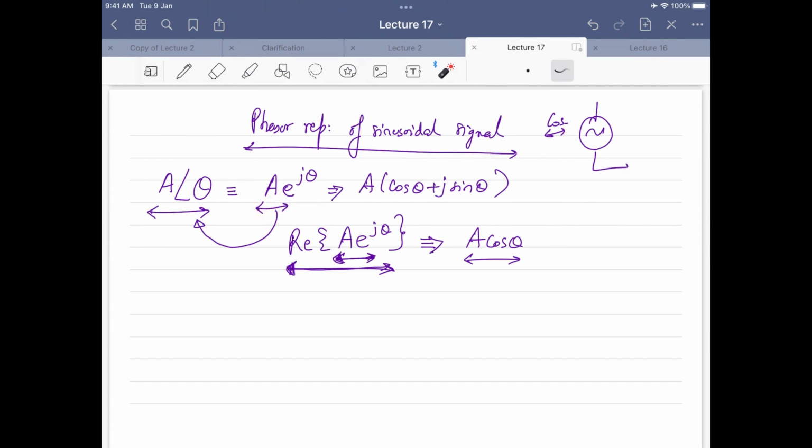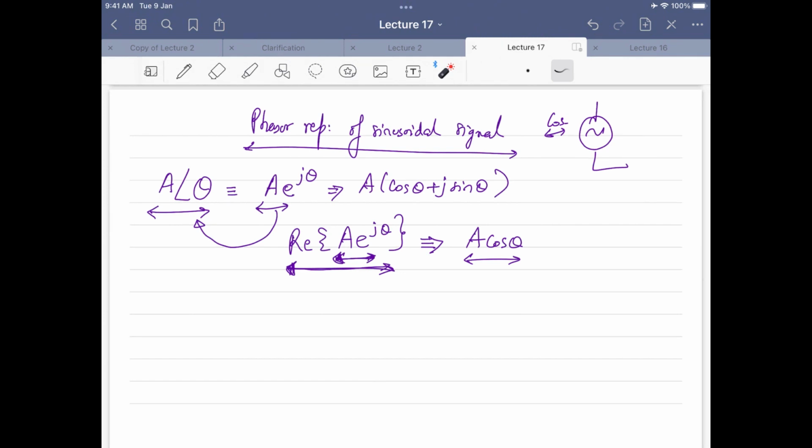The solution of that differential equation satisfies this particular exponential. So that's why we commonly use this exponential, and once we solve the circuit, we take the real part of the solution, and the real part of that solution is the actual solution for the cosine signal excitation.